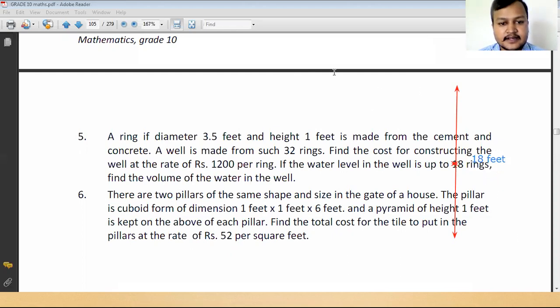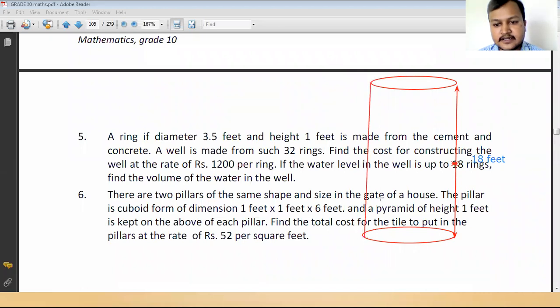And radius we have already calculated. एकछिन अगाडि हामीले radius भनिसकेका छौं. Radius is equal to 1.75 feet भनेको छौं. यो height भयो यसको 18 feet. If we know the radius as well as height, we can find out the volume of water.